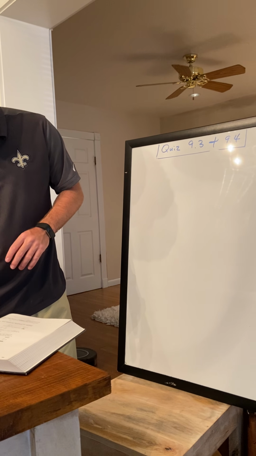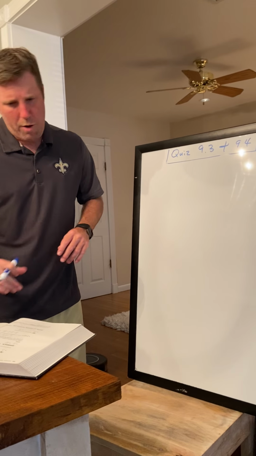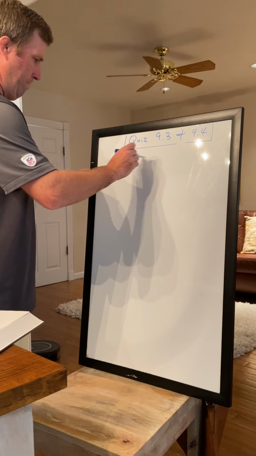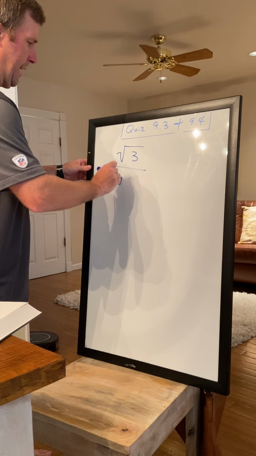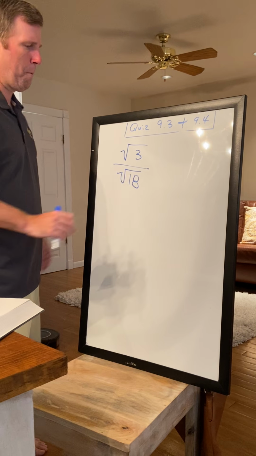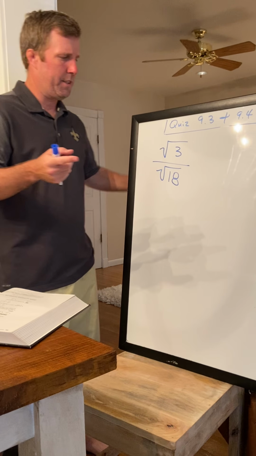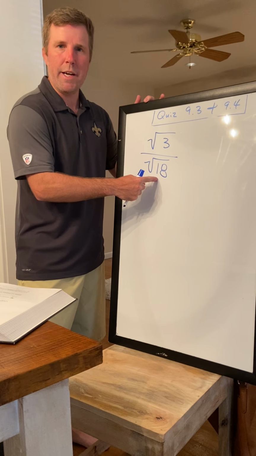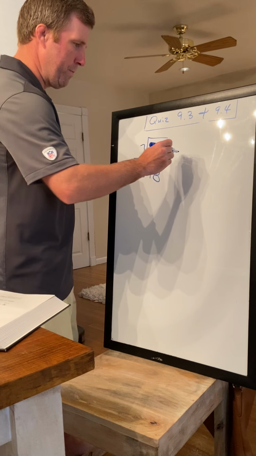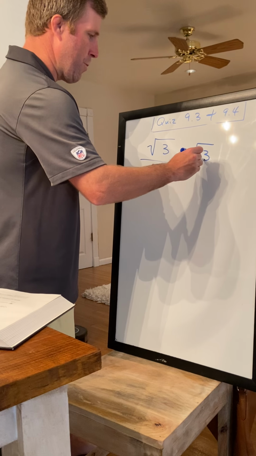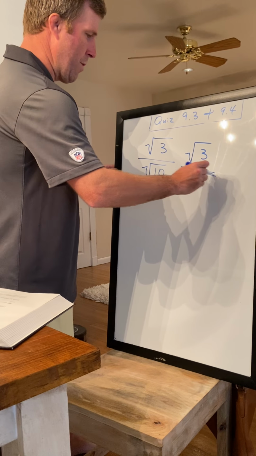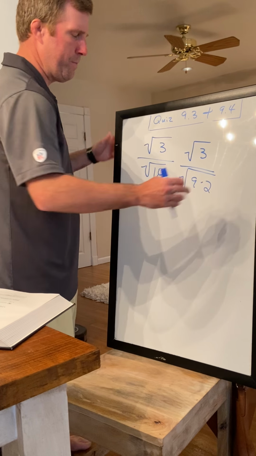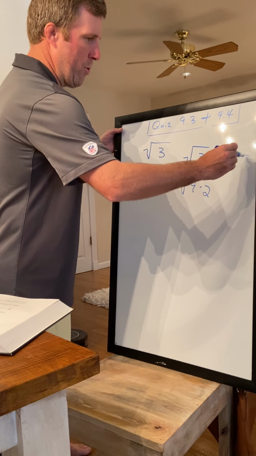All right, let's try square root of 3 over the square root of 18. First thing I want to do is, I know a perfect square that goes into this one. Let's break it down. So it's square root of 3 over the square root of 9 times 2.